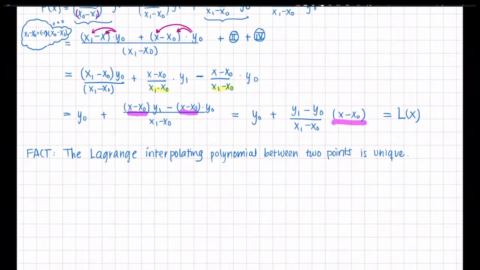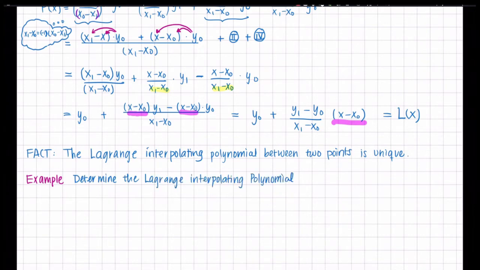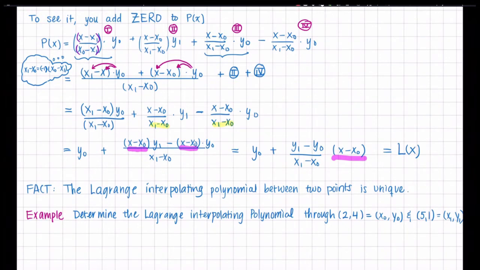Now, as a really quick example, let's determine the Lagrange interpolating polynomial through 2 points. I'll tell you which 2 points. We'll write 2, 4. Let's say this is x naught, y naught, and 5, 1. That's x1, y1. Now I'm just going to go ahead and use my P of x setup. Remember, 3 and 4 were extra.